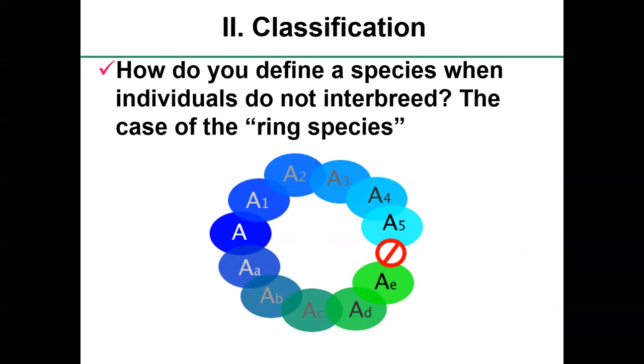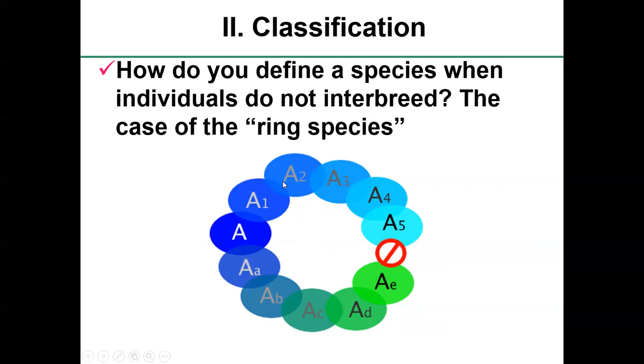Imagine populations of the species A. Here's species A, and all these circles represent populations.